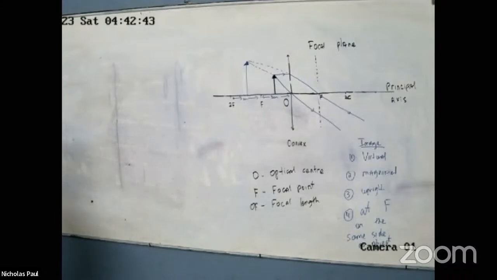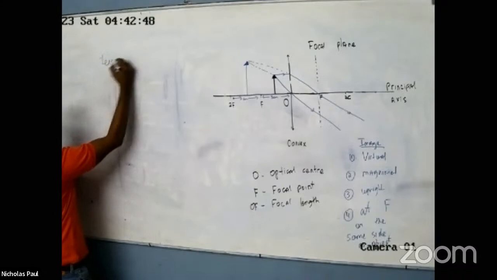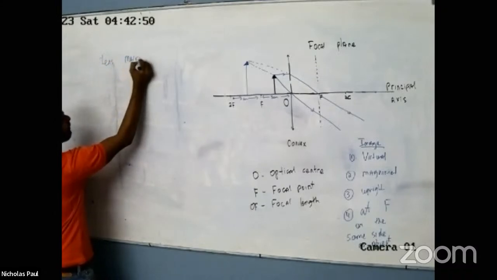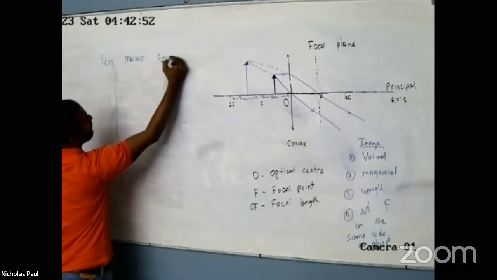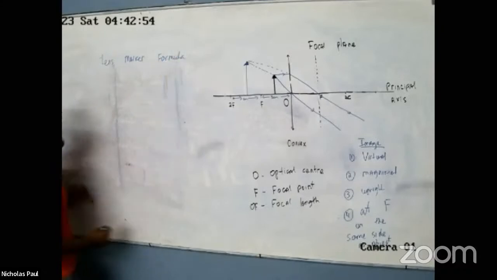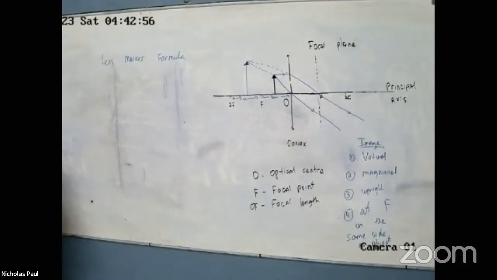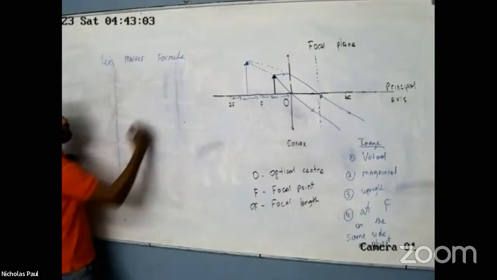Right, good. So there's something called the lens maker formula. The lens maker formula allows us to work these things out, so we don't have to always draw a diagram.